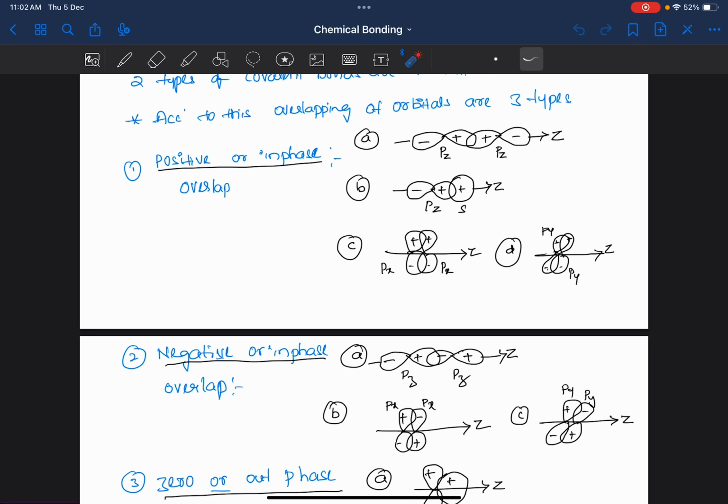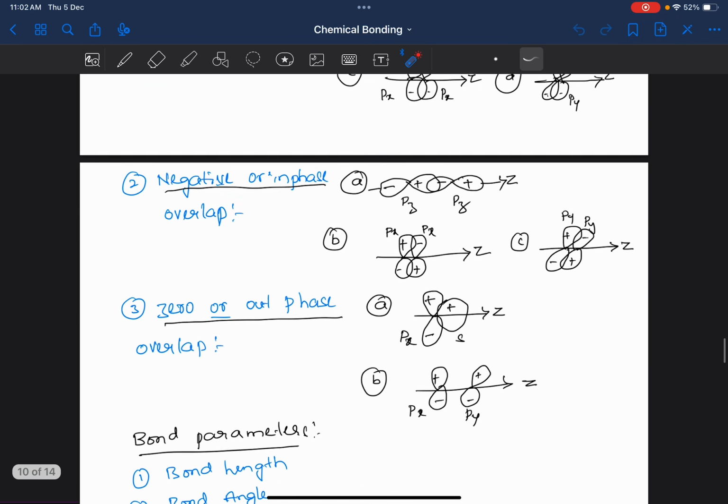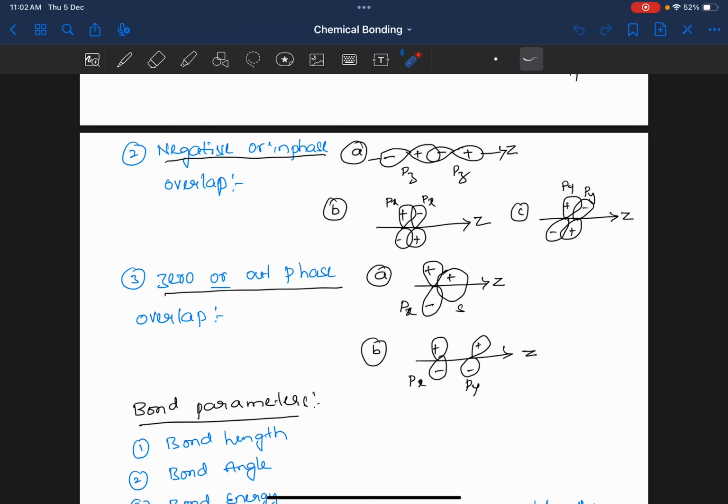Remember that according to valence bond theory, overlapping always takes place between similar types of atomic orbitals only. Next, negative or out of phase overlap. Here one orbital has a positive sign and the other orbital has a negative sign. These two are overlapping, but these two are pz orbitals only, these two are px orbitals only, and these two are py orbitals only, but the signs are different. That's why we call it negative overlap.